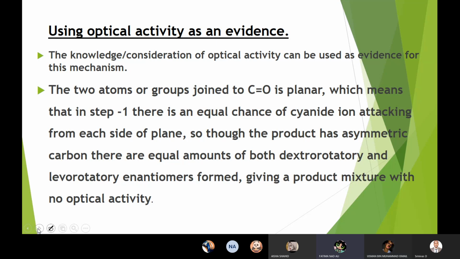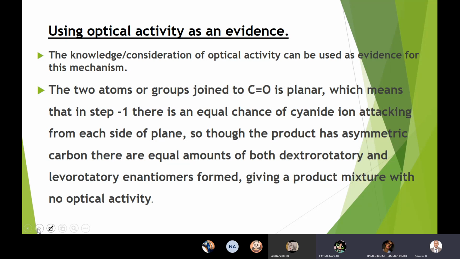So the product has an asymmetric carbon, and equal amounts of both dextrorotatory and levorotatory enantiomers are formed, giving a product mixture with no optical activity.